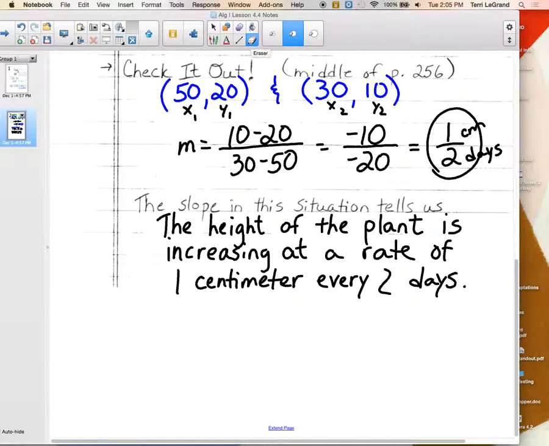So the height of the plant is increasing at a rate of 1 centimeter every 2 days. If you wanted to simplify it more, you could say this plant is growing at 0.5 centimeter every day. But if we leave it just like it is as the slope says, this would be a good way to tell what the slope is representing.